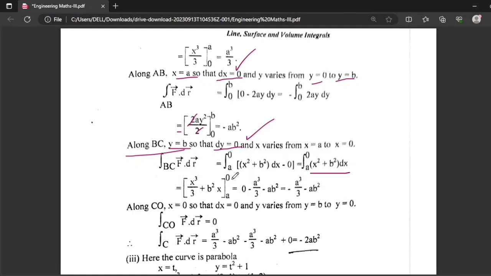Plugging the upper limit, this is 0 by 3, that is 0, plus 0 multiplied by something is 0, so minus plugging the lower limit, it is a cubed by 3 plus b square a, that is a b square, so it will be minus a cubed by 3 minus a b square.